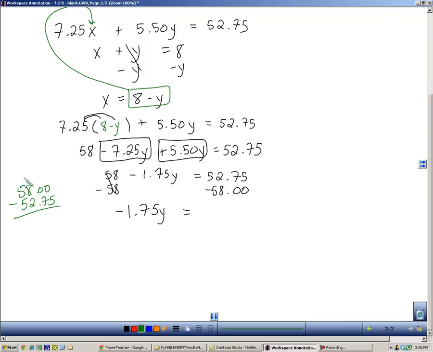So we'll borrow here, make this 100, so 25, and then 5.25, and then put the negative sign back on. So negative 5.25, and then we'll divide by negative 1.75. So y equals, 2 negatives make a positive, 1.75 goes into there 3 times, so my y is going to be a 3.